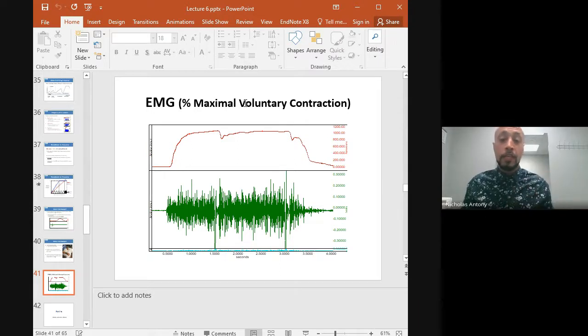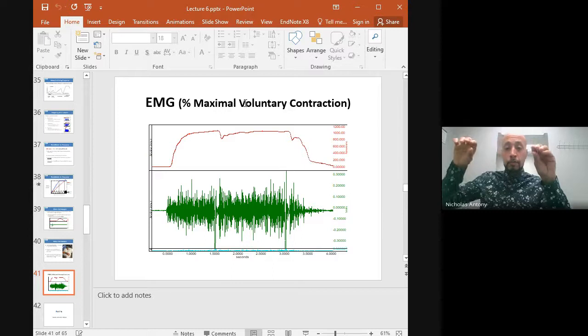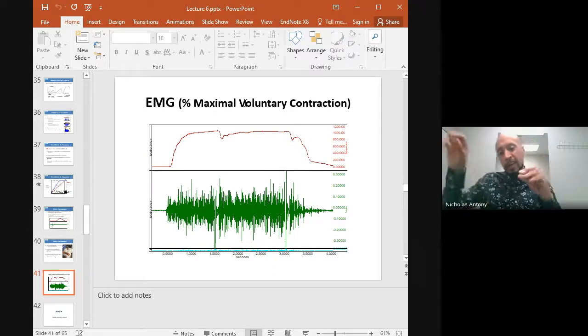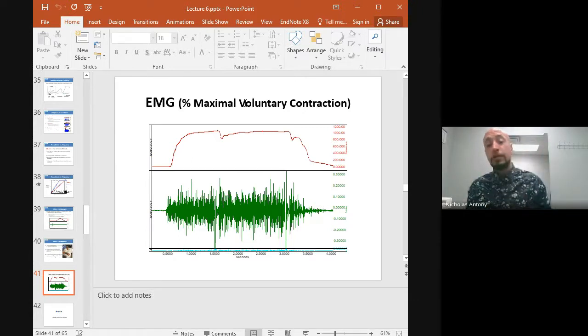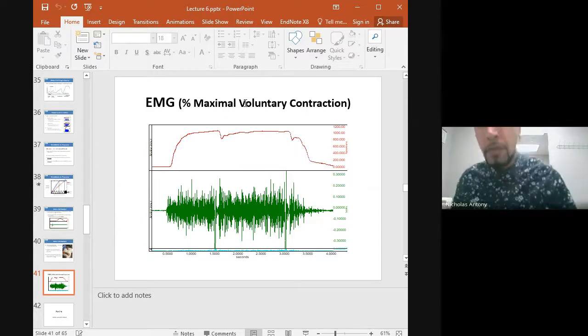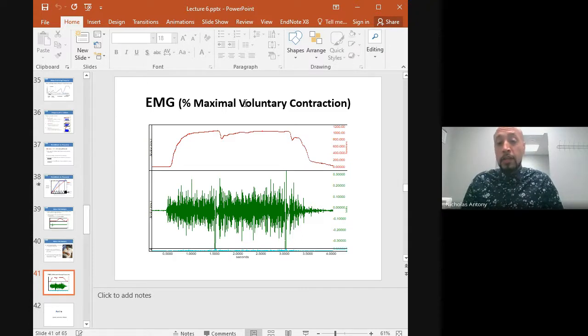Then you do a study and record electrical activity as a percent of the max. You can then suggest how much the muscle is firing from 0 to 100% based on this calculation. That's how recording the electrical activity in the motor units is used in research. Does that make sense, everyone?